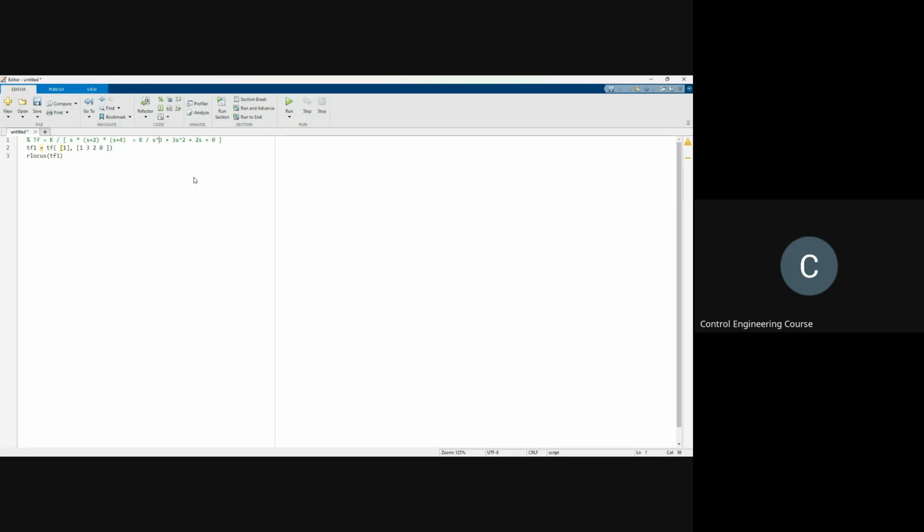Instead of K, I have written 1 for now, and the coefficients 1, 3, 2, 0 are inside square brackets. You can see the syntax: transfer function, numerator, denominator, and optionally a sampling time or name. This is enough for simple steps. To plot and visualize the root locus, the keyword is rlocus in MATLAB.